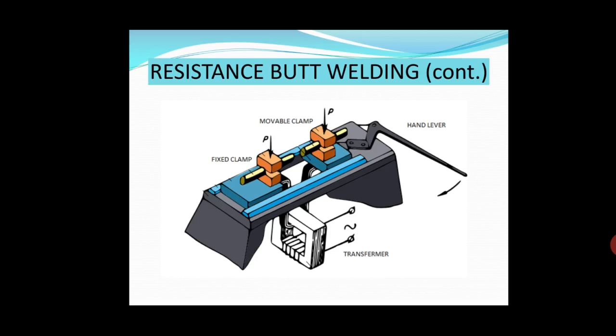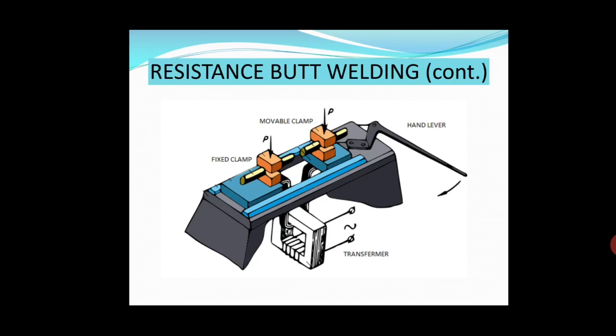Here also one clamp is fixed, the other clamp is movable, and the two ends come together. When they are in contact, the current flows. Similar to spot welding, here also one clamp is connected to one end of the secondary winding of the transformer, and the other is connected to the other end of the secondary winding of the transformer.